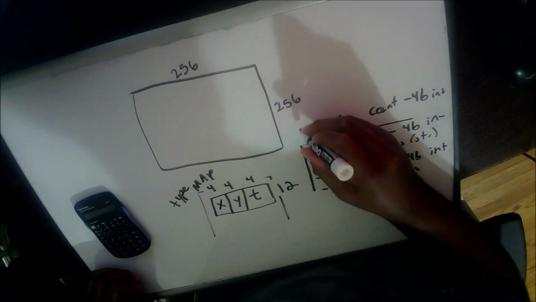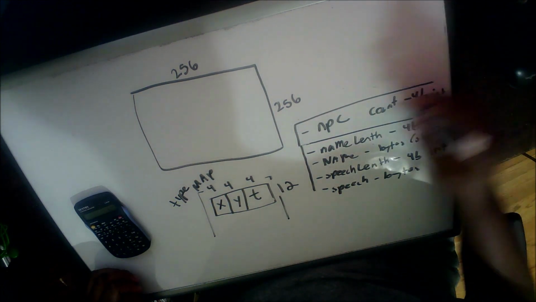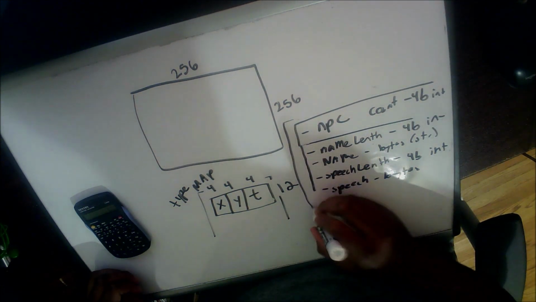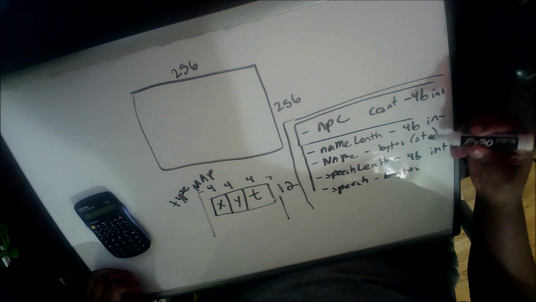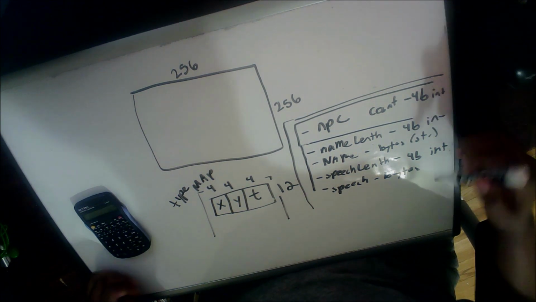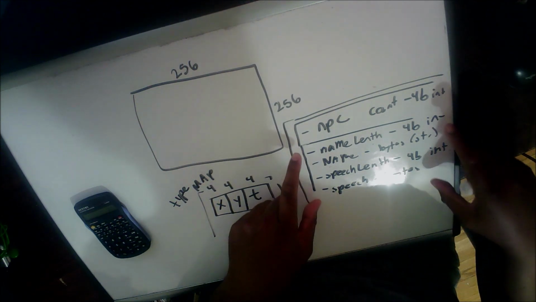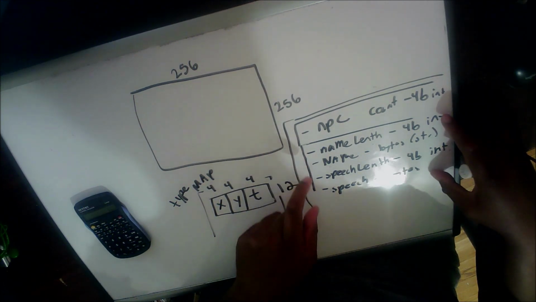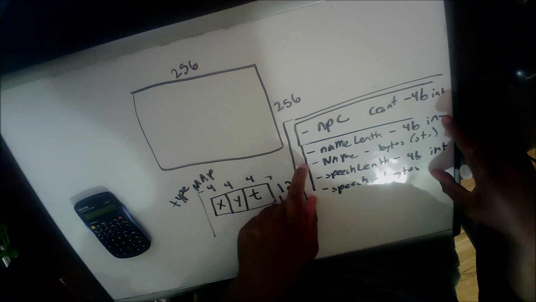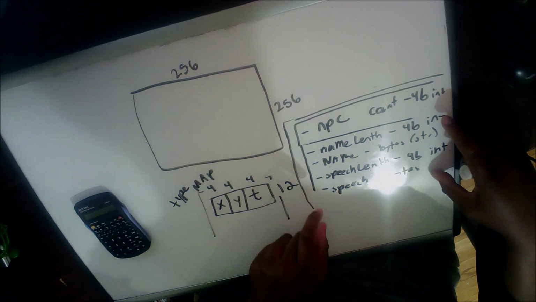But yeah, that's what this file is going to look like. I could expand this spec later, but I feel like it's pretty representative. It's just the NPC count, which counts how many entries we have for the amount of NPCs in the system, and then for each one we have the name length, the name, the speech length, and then the speech.